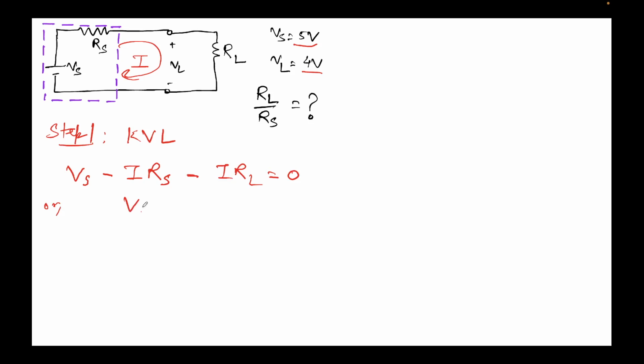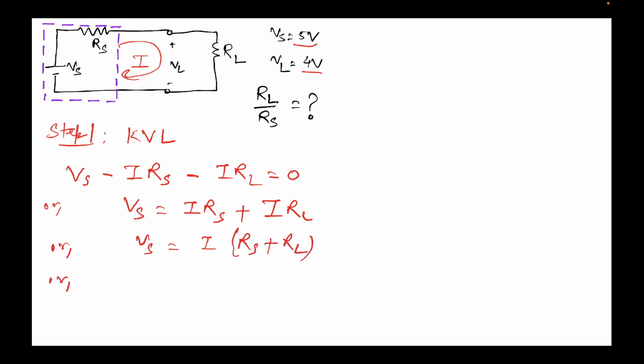Rearranging, I can say that Vs equal to I Rs plus I RL, or Vs equal to I times (Rs plus RL). From here, we can obtain the value of current flowing through the loop, I equal to Vs over (Rs plus RL).